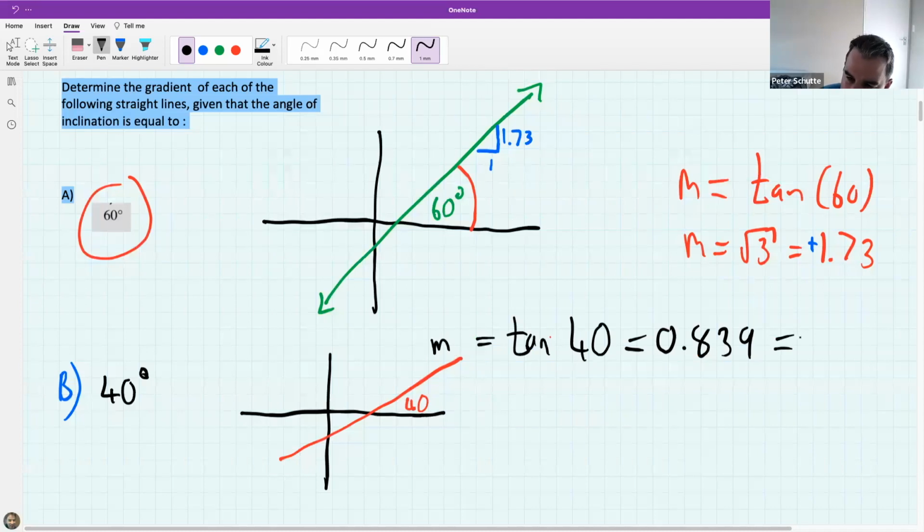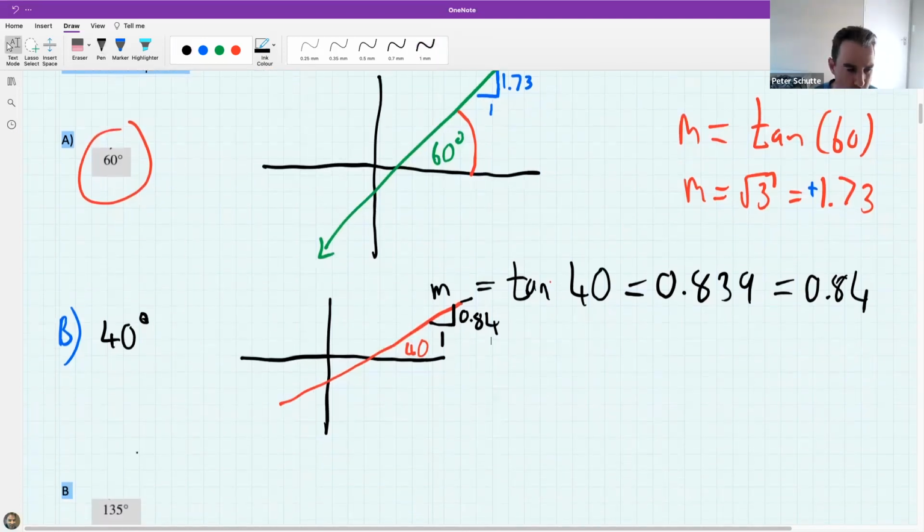If I was rounding it to 2 decimal places, it would be 0.84. And what that means is if I go across by 1, I'm going up by 0.84. And so what I see is that that gradient is less steep. The green one is much steeper than the red one, and that makes sense because the angle is smaller.